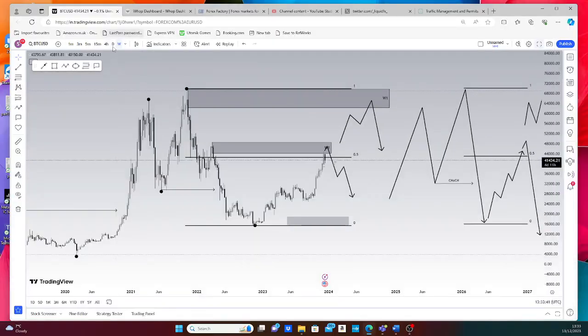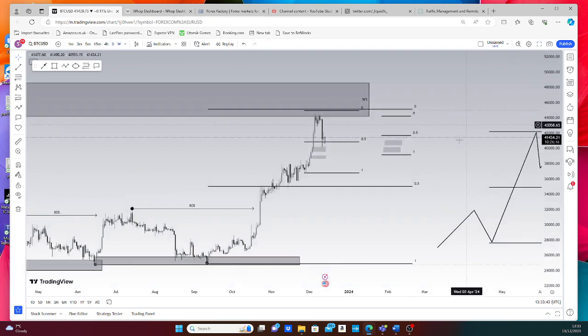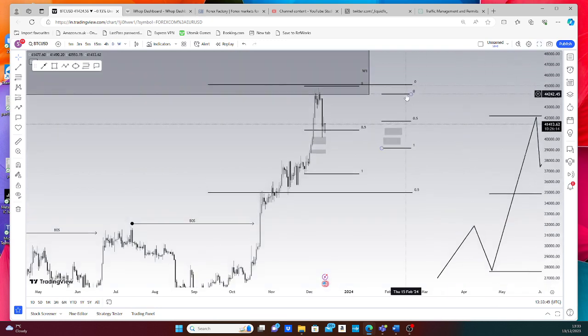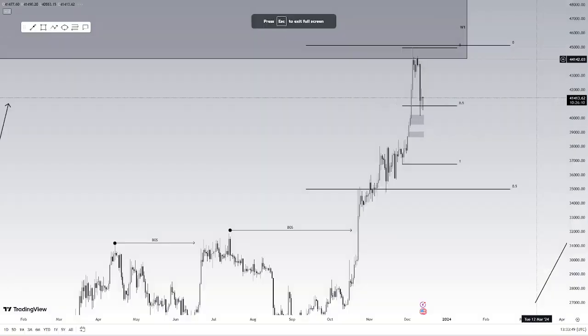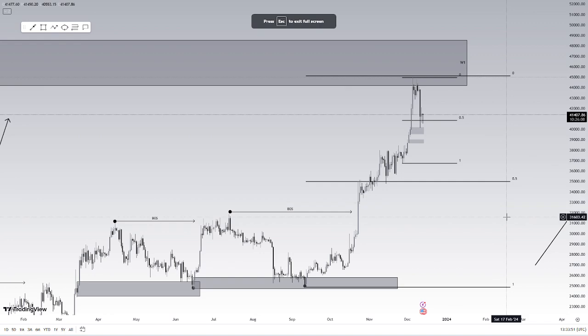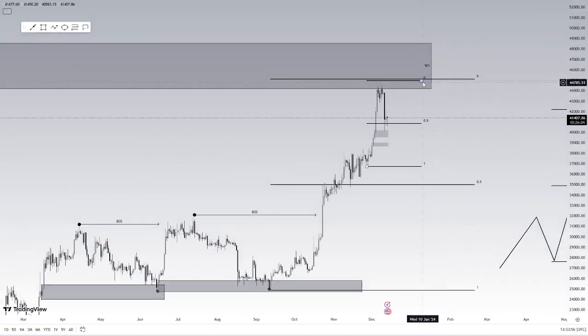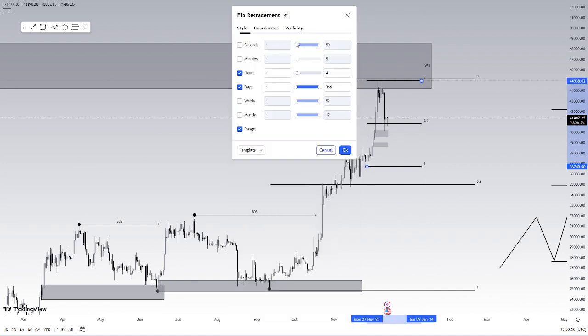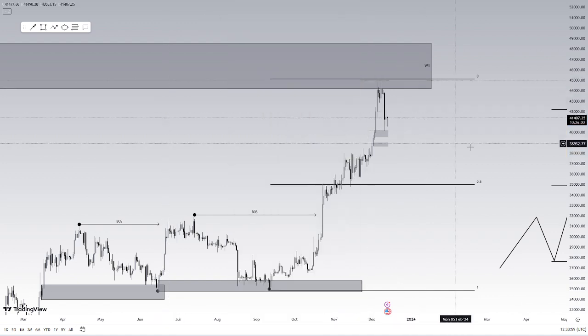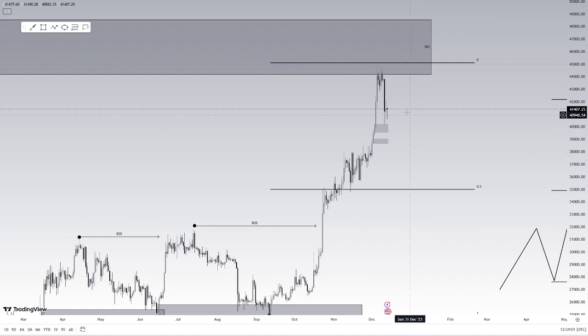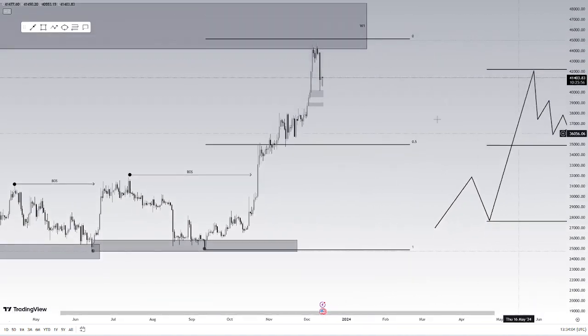If we go down now to the daily time frame, the daily time frame indicates more or less the same thing. If I just clear the charts up a little bit. Our daily structure will indicate the same thing, right? We have a swing low and a swing high in this region, okay? So from here, we understand that these are our 4-hour POIs. So from here, there's two things that could happen.